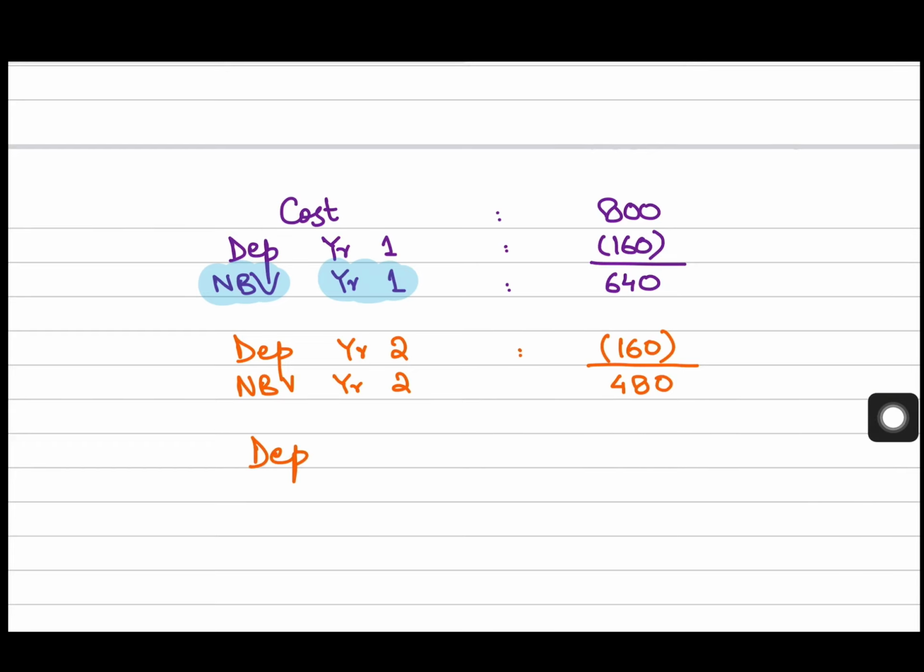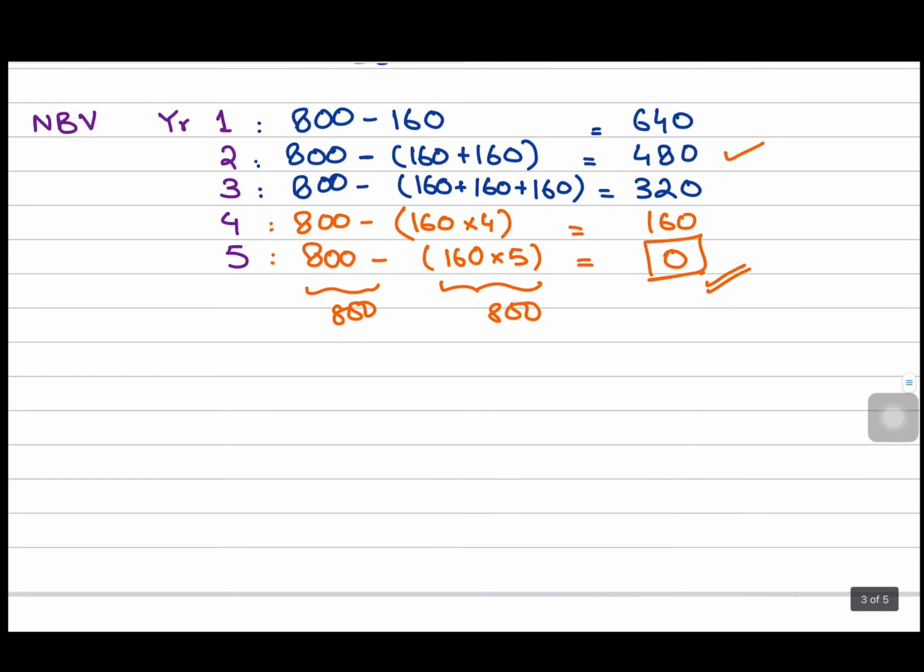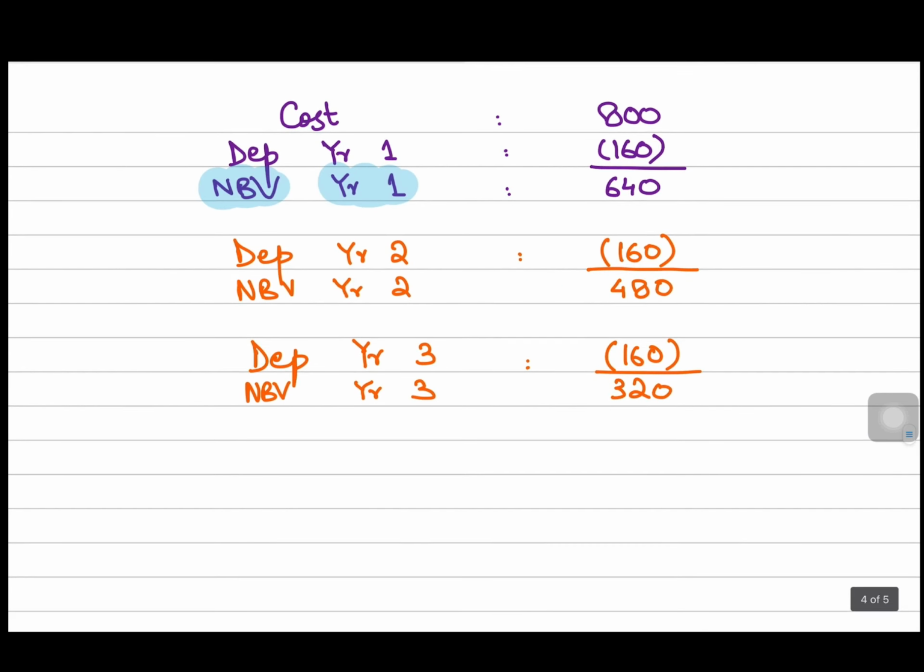Now you just have to subtract the depreciation for year 3, and that would be again $160. So we will be at the net book value for year 3, and that would be $320, right? Then depreciation for year 4 would be again $160, and 320 less 160 would of course be $160.